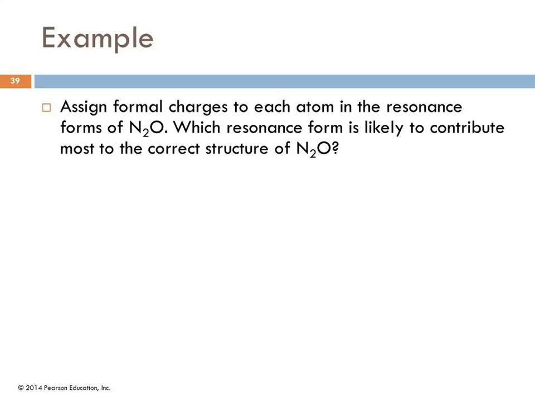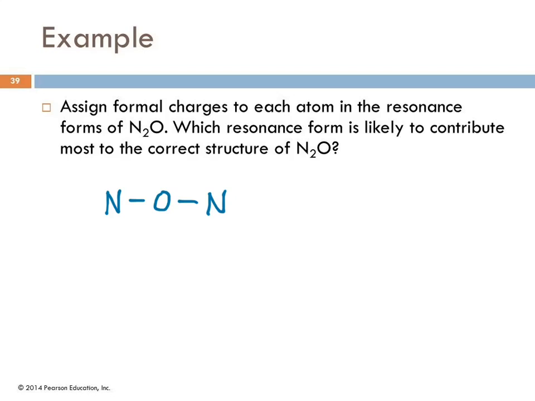Well, let's look at N2O. We could put O in the middle. And we've got 5 valence electrons for each nitrogen. So that's 10, plus 6 for oxygen, so 16 electrons.